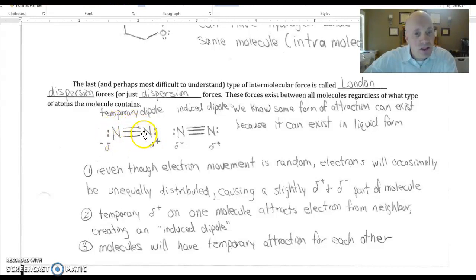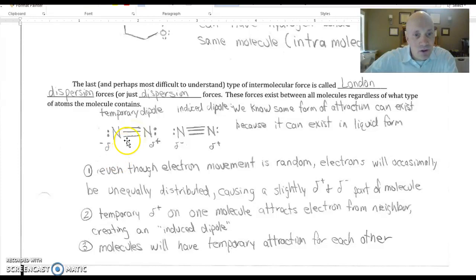So just taking a look at this nitrogen molecule right here, is there anything that would ordinarily give it a reason to stick to one of its neighbors? Okay, ordinarily we would say no. This would not be a polar molecule. We would not expect to see delta positives on this end and delta negatives down here, because these atoms would share these electrons equally. All right.